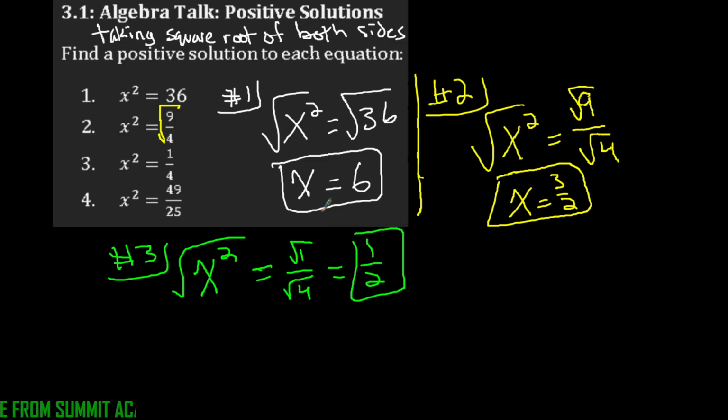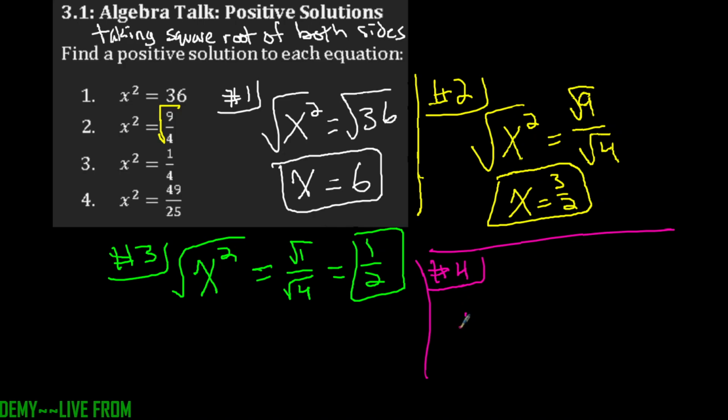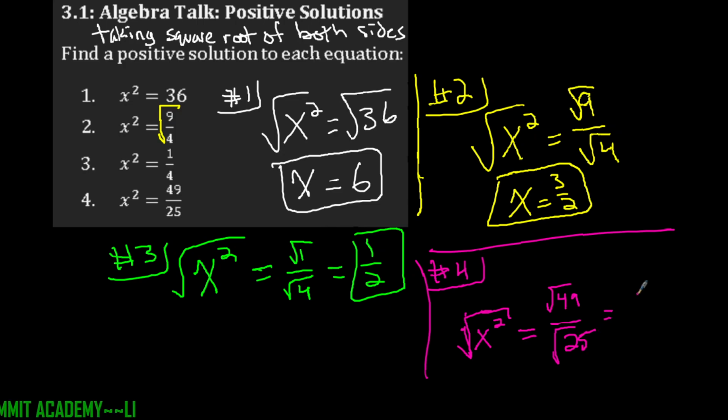And lastly, but certainly not leastly, for number 4, I'm going to take the square root to solve, since the inverse operation of squaring something is taking the square root. I take the square root of both sides, the square root of 49 divided by the square root of 25. So that's just going to be 7 over 5.